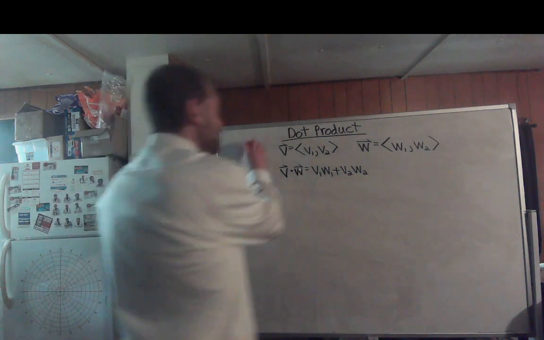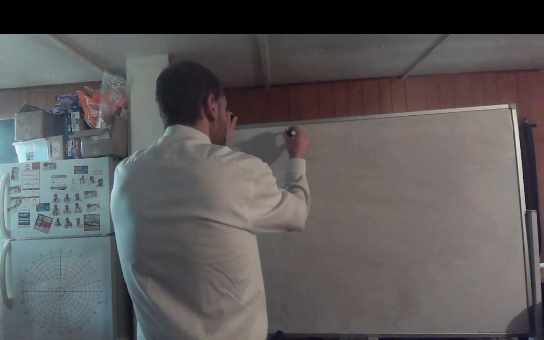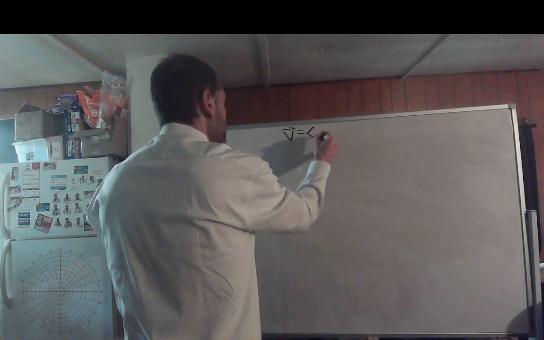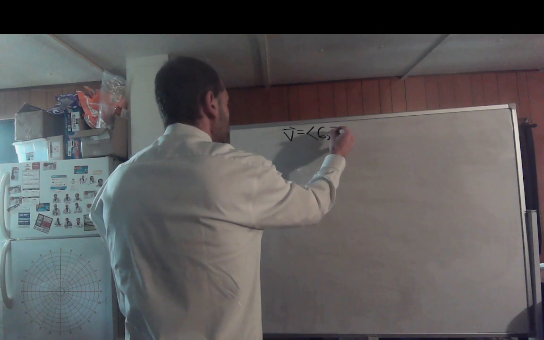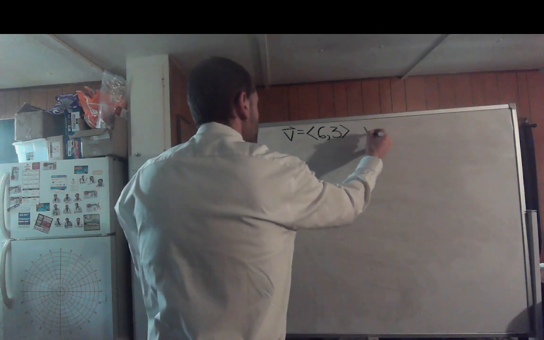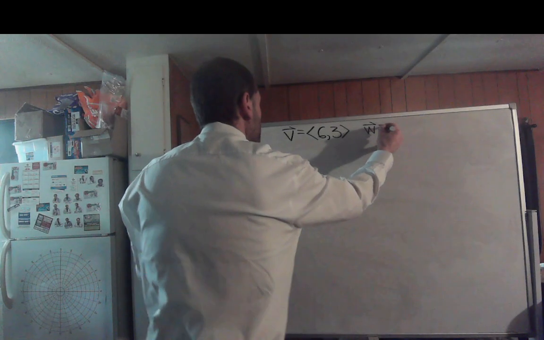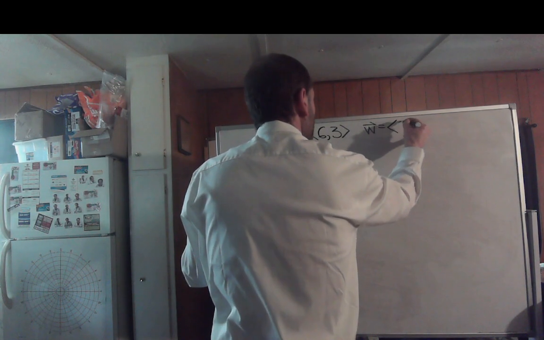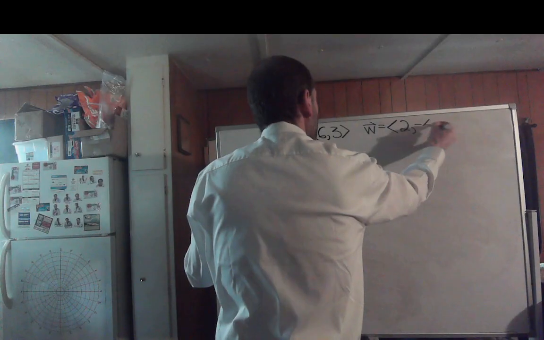So let's do some examples here. So vector v is 6, 3. Vector w is 2, -4.